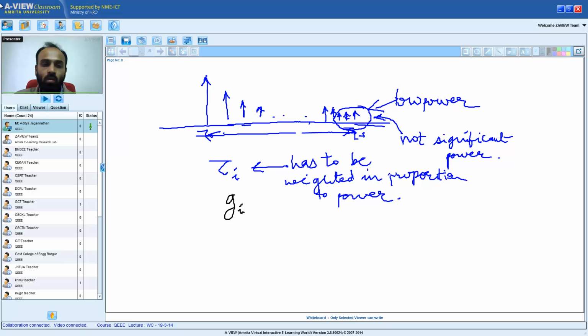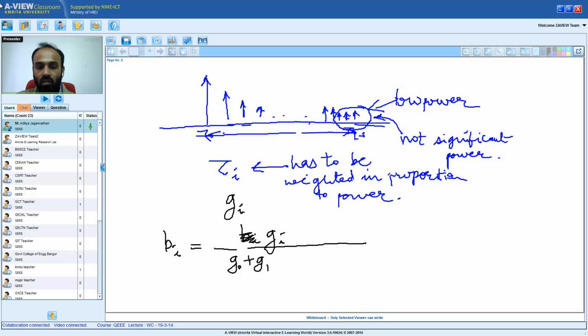Now what I'm going to do is create a fraction Bi such that Bi equals Gi divided by G0 plus G1 plus up to G(L minus 1).